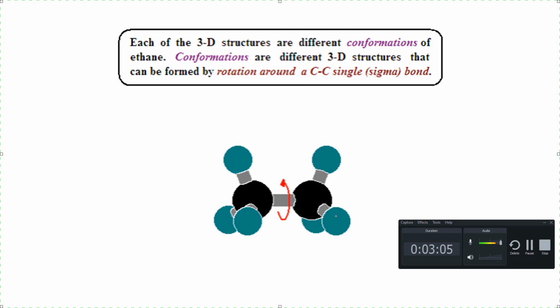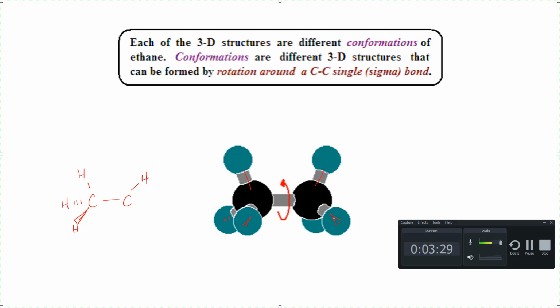Now, this ball and stick model would look like this as a sawhorse representation. These two bonds are in the plane of the screen. This position would be towards you, and this one would be away. So we would have a bold wedge hydrogen towards you, a dashed wedge hydrogen away.